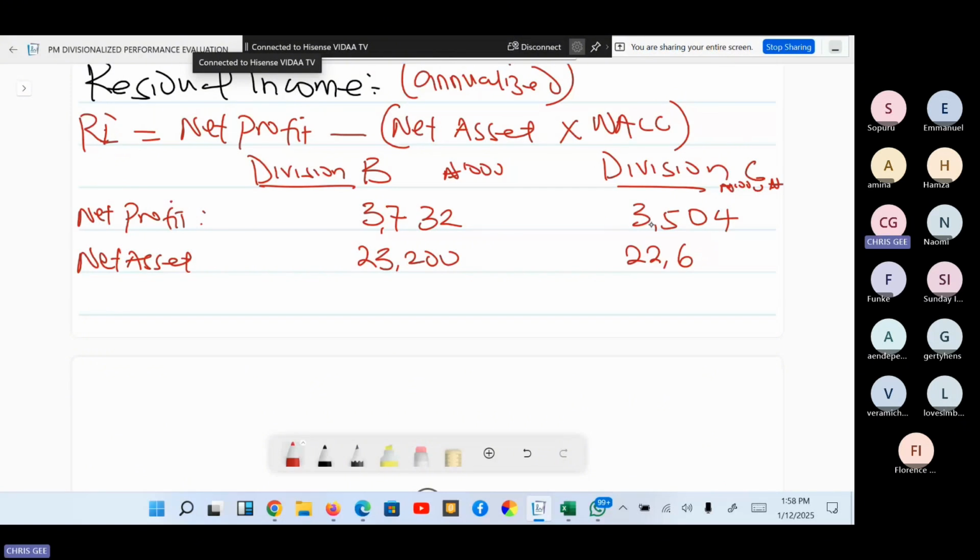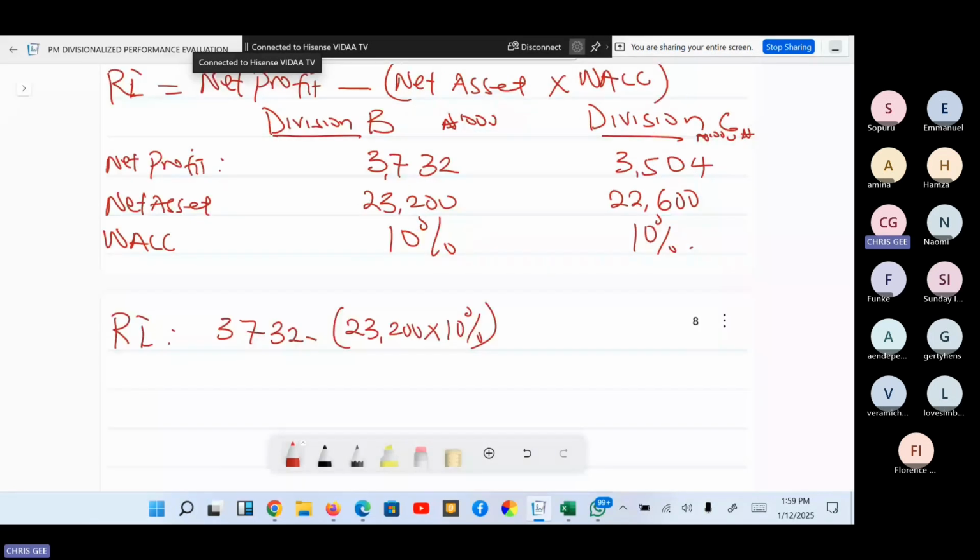So our residual income for division B, net profit is 3732 minus 23,200 multiplied by 10%. And for this one, it should be 3,504 minus 22,600 multiplied by 10%. If you are there, say I'm here. If you are not, say wait for me.